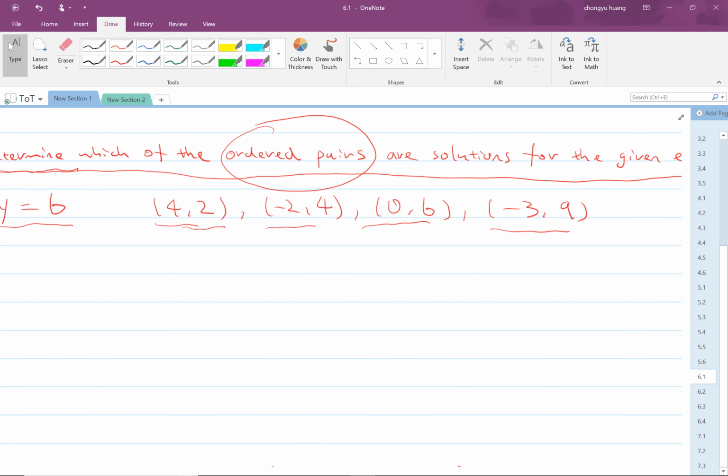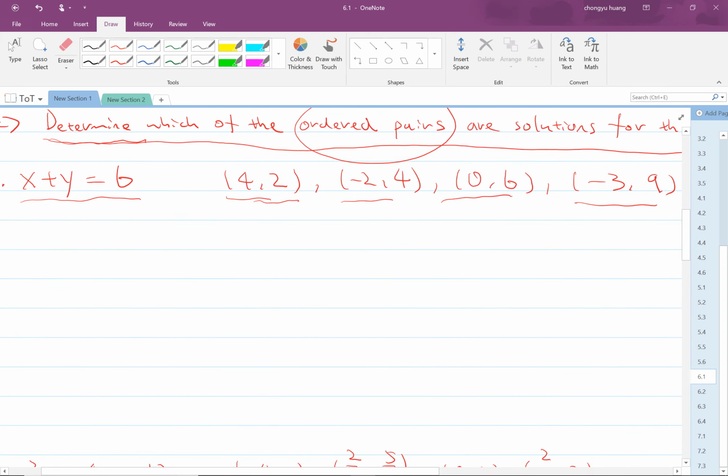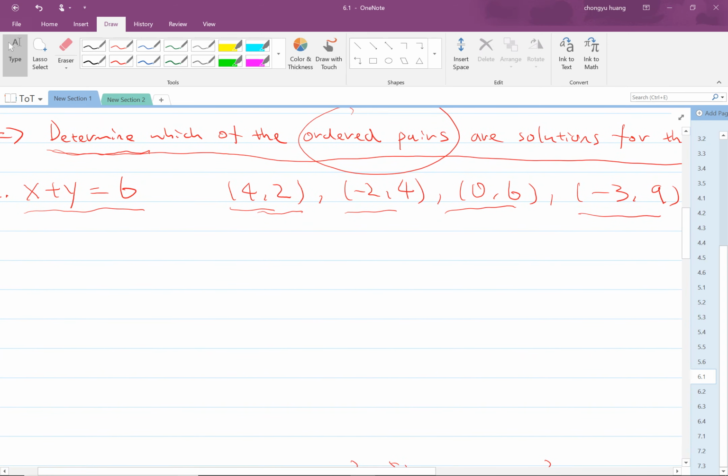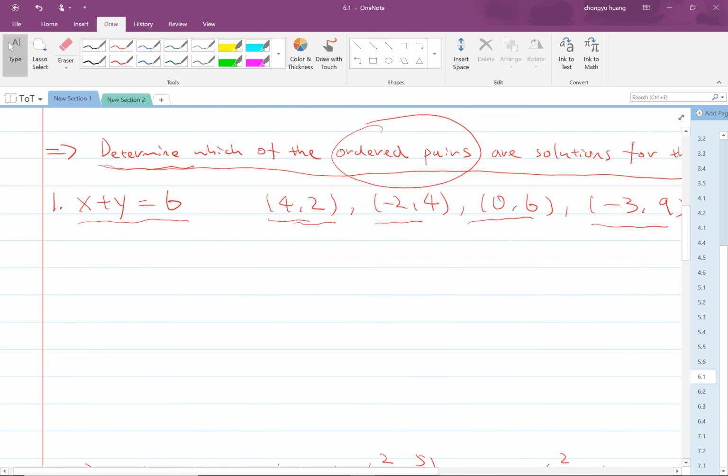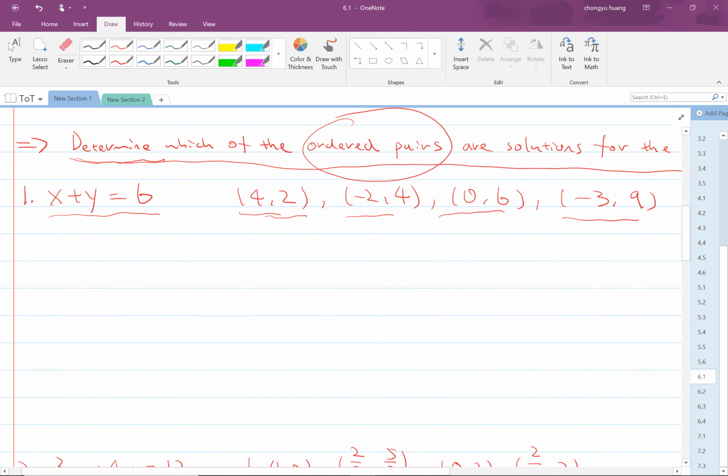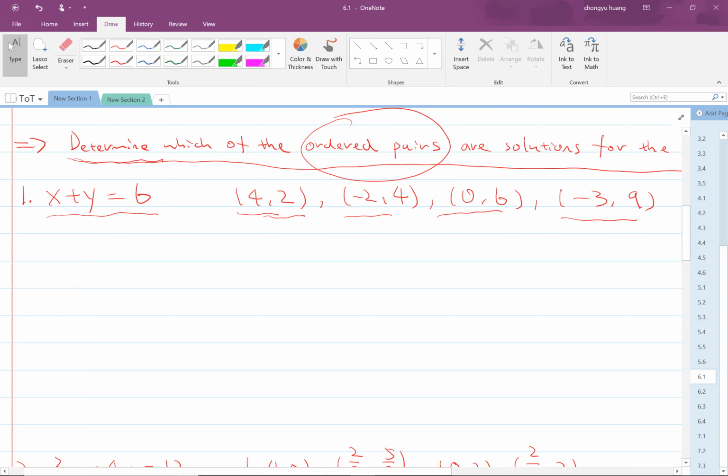Let me zoom in a little bit because I don't have much space over here. Okay, I think that's fine. Here we have the equation x plus y equal to 6, and 4 points, and we want to determine whether those points are solutions.